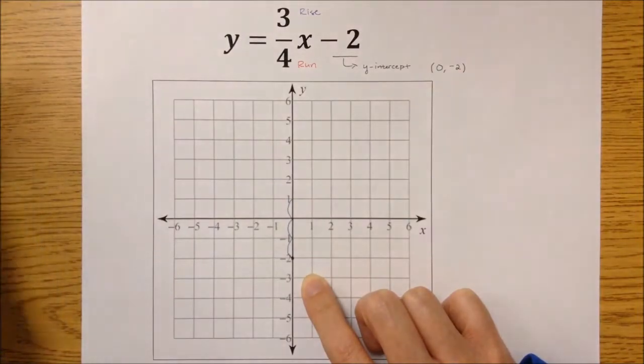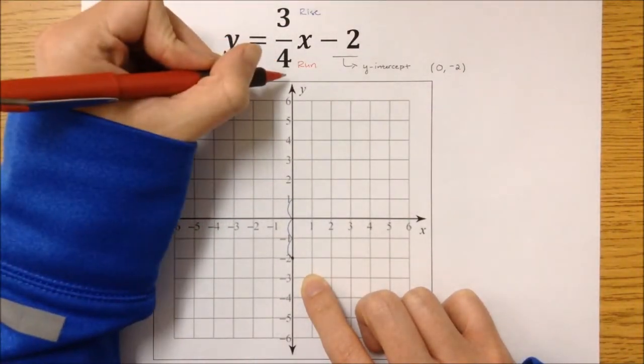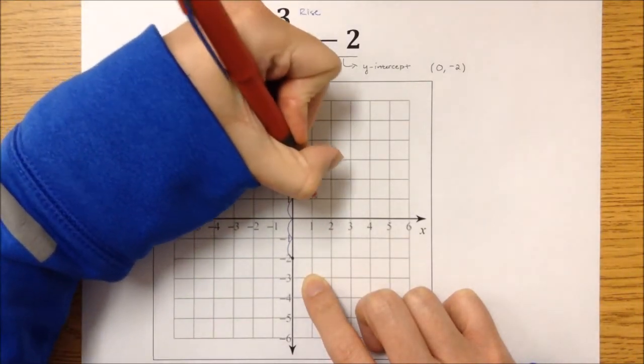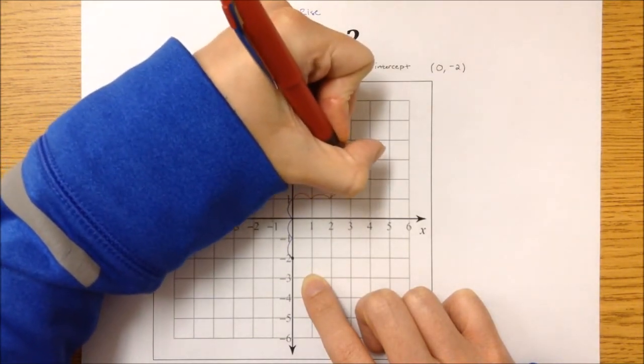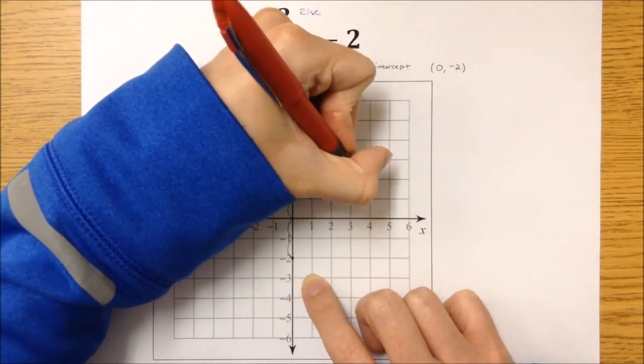And 4 is our run, so I'm going to go to the right 4 times. 1, 2, 3, 4. So there's our second point.